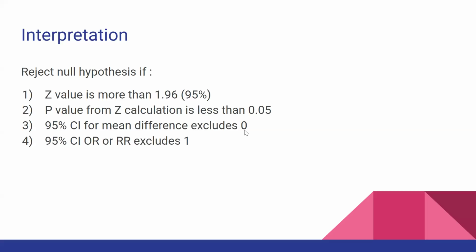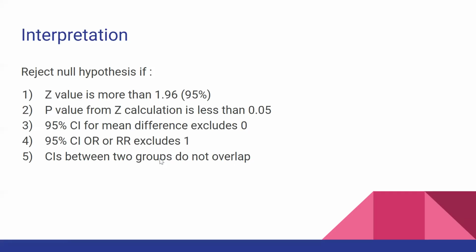You're also going to reject it if the odds ratio or the relative ratio or risk ratio does not include one. And the last one is if the confidence intervals between two groups do not overlap.